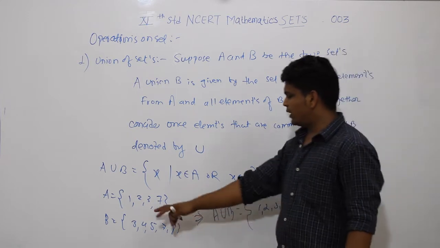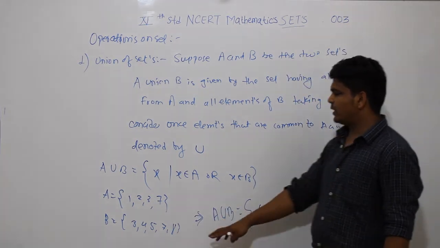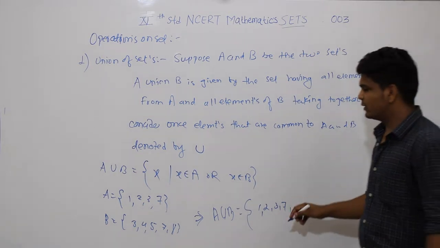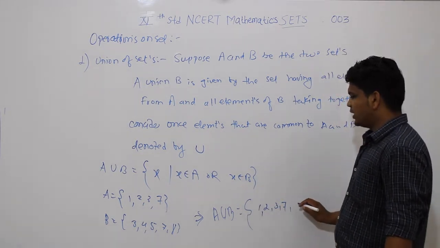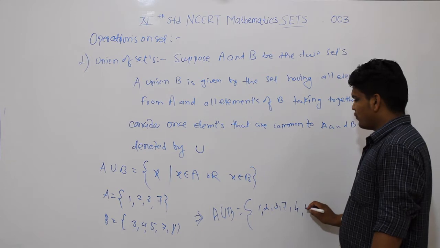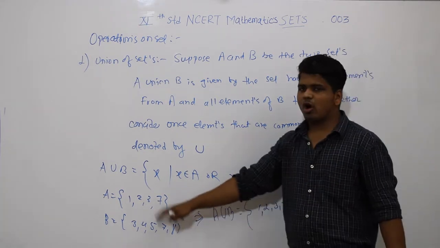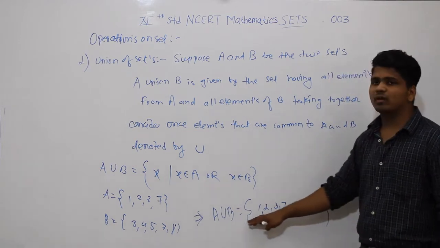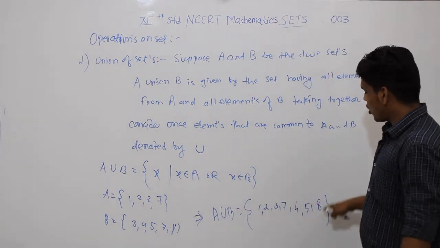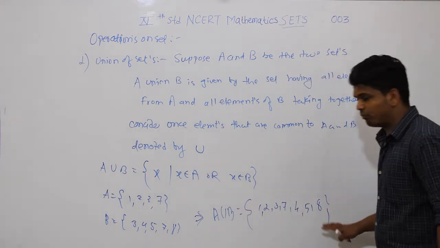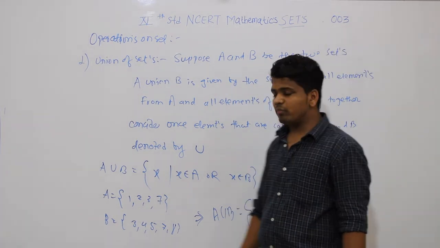Then I will go for B. I will consider those elements that are not in A, means I will ignore the common elements from B. Now 3 is there, 4 is new, 5, 7 is there, and 8. Means I have not taken the common element twice. I have just considered the common element once. These are all the elements coming from A and from B. This is your A union B.